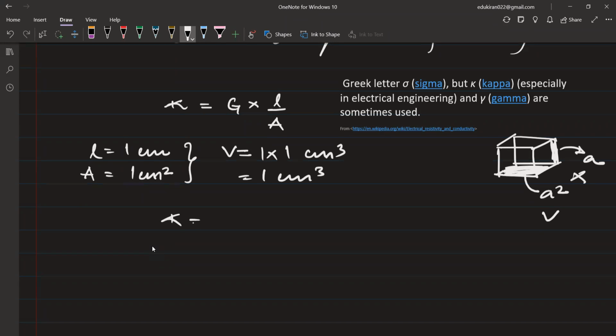Okay, so now if I put 1 here and 1 here, kappa will be equal to G, that is conductance, right? That means, what is conductivity? Conductivity is the conductance that is offered by unit volume of conductor.